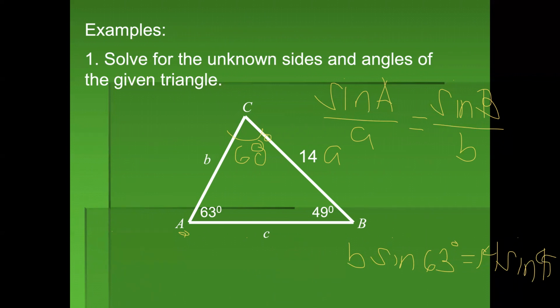In order to solve for B, we'll have B equals 14 sine 49 over sine 63.